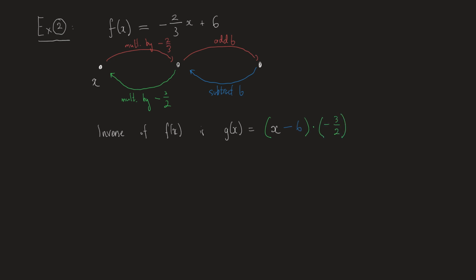So if we rewrite this, what we'll end up with, just distributing the negative 3/2, is negative 3/2 x. Negative 6 times negative 3/2 is positive 9. And that is our inverse function. Good job.